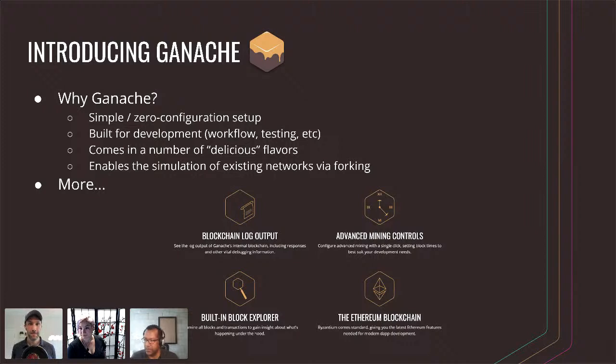Yeah, another perspective is to think about when you're developing your contract. Ganache is really a mock of the blockchain. And because it's a mock, it allows you to iterate very quickly, because you could be working on your contract, adding some functionality, and you want to test it quickly.